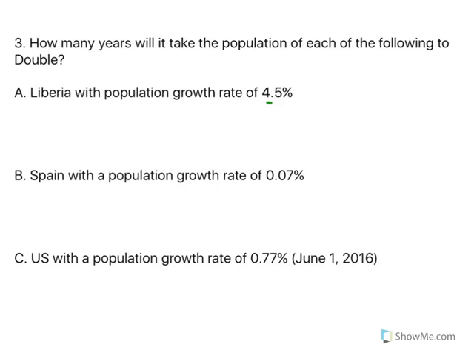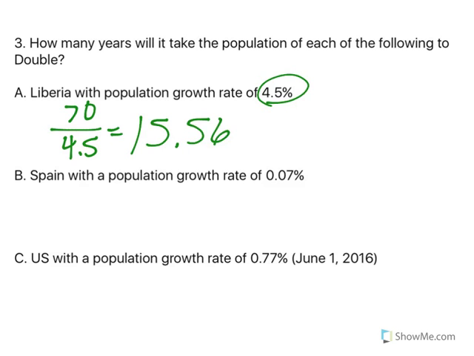So Liberia's got a growth rate of 4.5%. So if I take 70 divided by 4.5, it's going to take Liberia approximately 15.56 years to double their population. I don't know about you, but I'm expecting to still be alive in 15 years, and therefore, in our lifetime, we are going to see Liberia double their population.